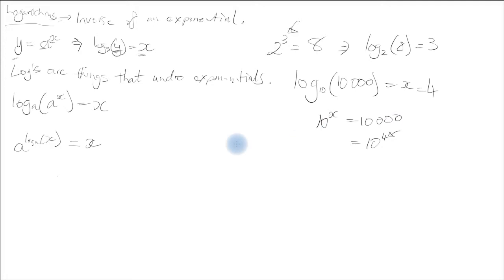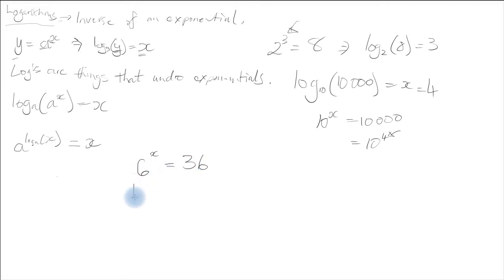Okay, let's do another example. Let's suppose we have 6 to the power of x equals, let's do an easy one, 36. To find what x is, take the logarithm of base 6 of both sides.